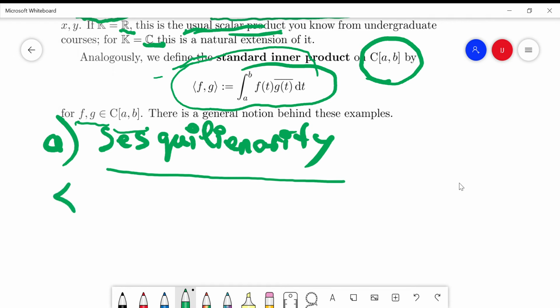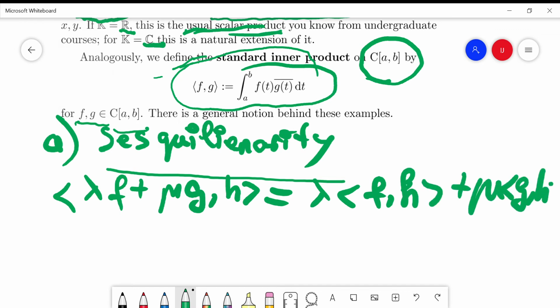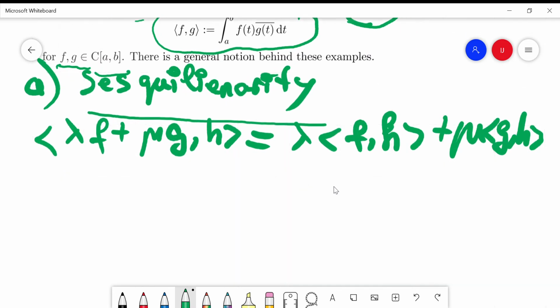When we have this equation, for given functions f, h, and g from the function space, we have this equality. It's kind of straightforward, even though let's do it now.